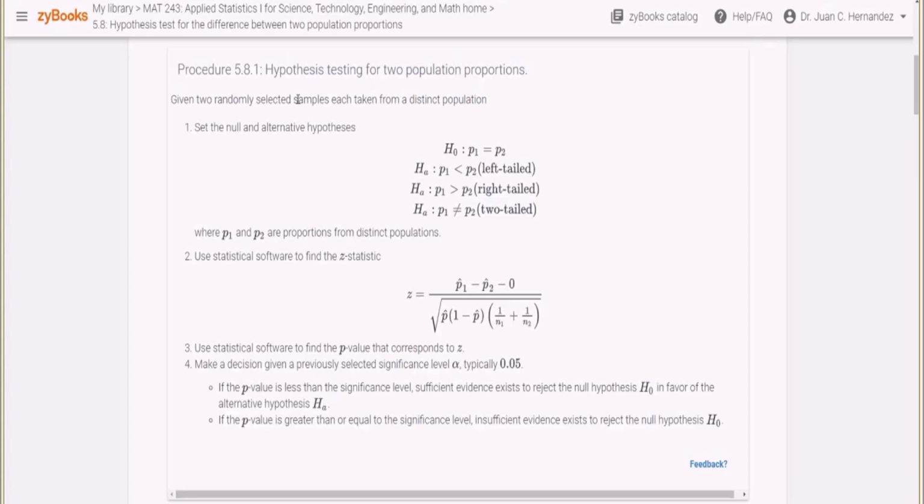Sure. The thing to keep in mind is that the process is going to be similar. In this case, for example, the null hypothesis will be represented by H sub 0, and the two proportions P1 and P2 represent the proportions for the two samples. Now, in the same fashion, the alternative hypothesis will be less than or greater than or not equal.